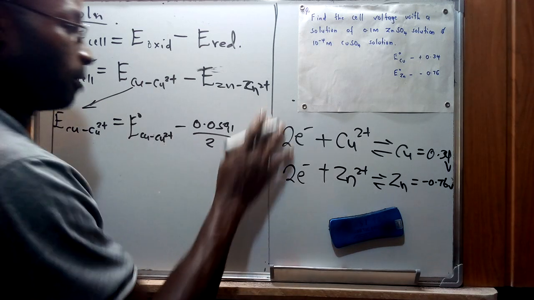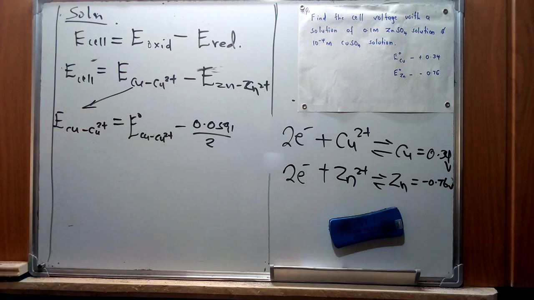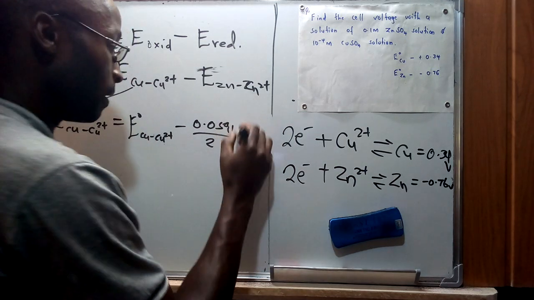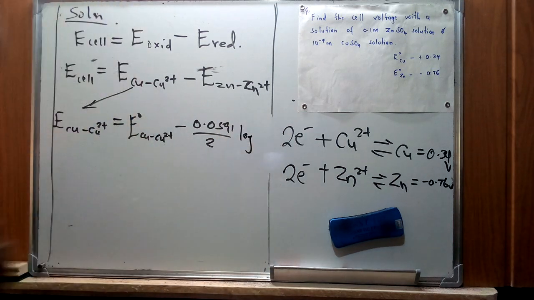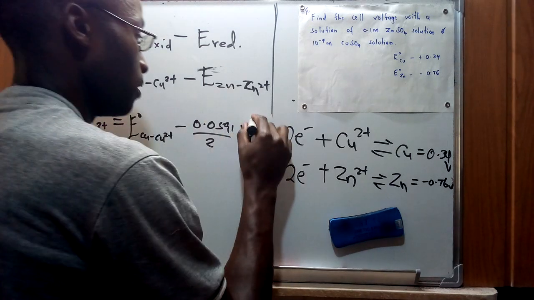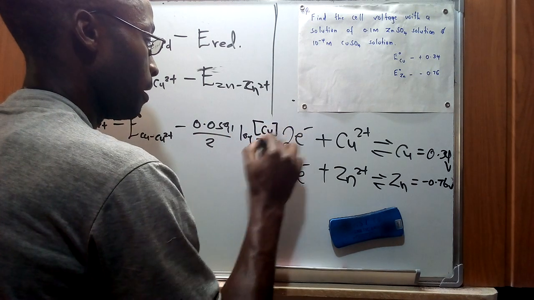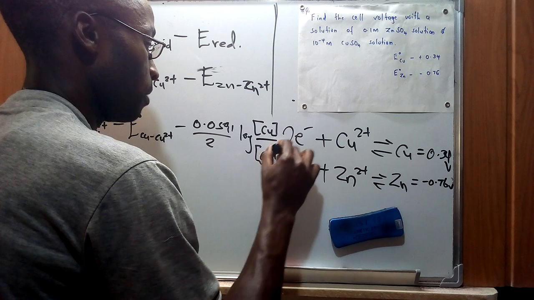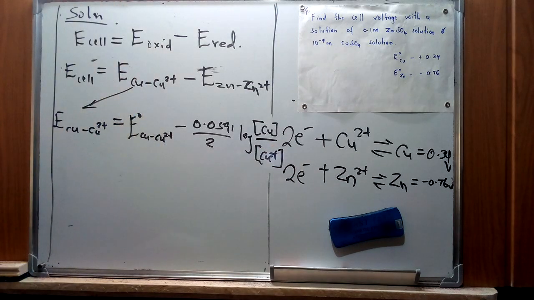So in this case we might find ourselves using either 1 or 2 for the last figure, but that's simply the same. So we're going to have a concentration for copper and a concentration for copper ions at the denominator for Q.